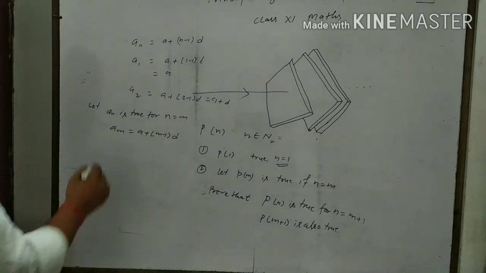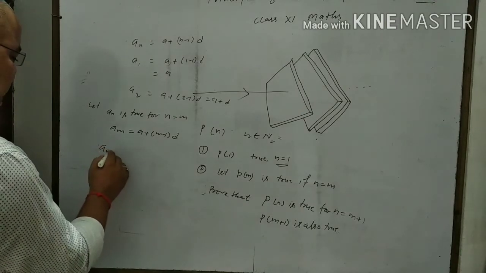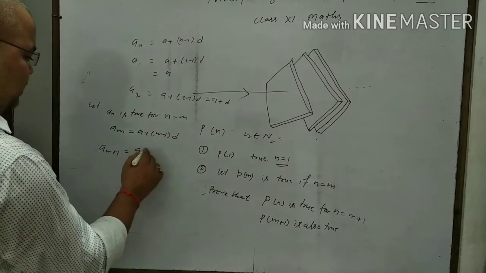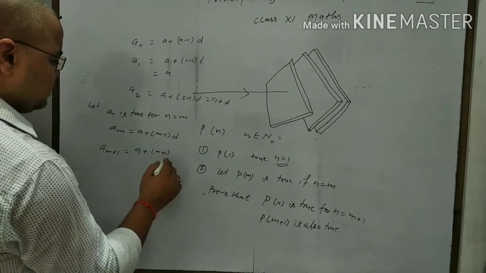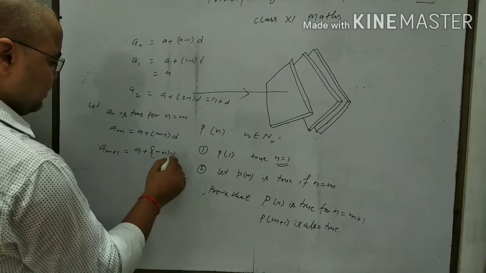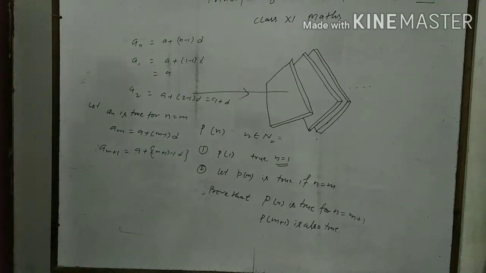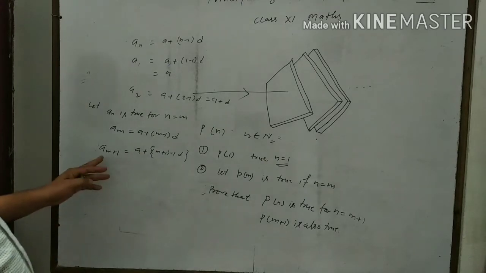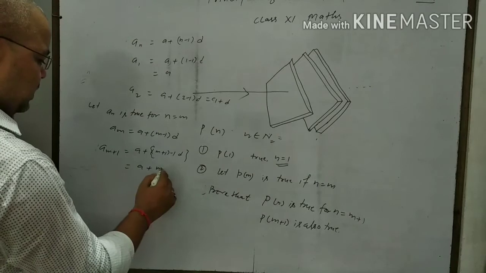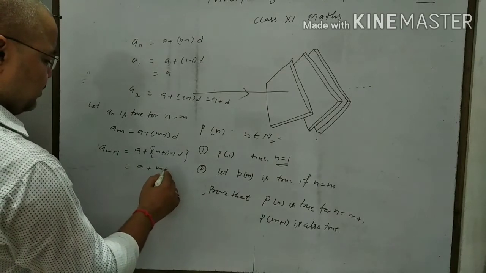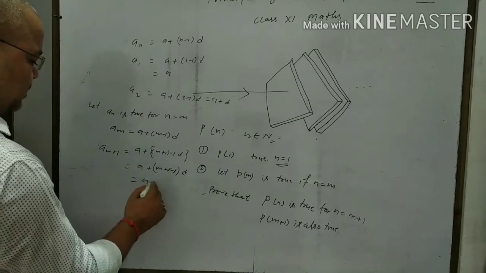So we have to prove that am plus 1 is what? Am plus 1 is a plus m plus 1 minus 1 into d. This is also true. Now a plus m plus 1 minus 1 into d cancels to a plus md.